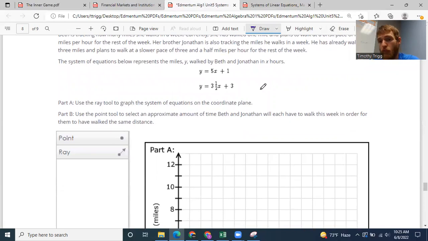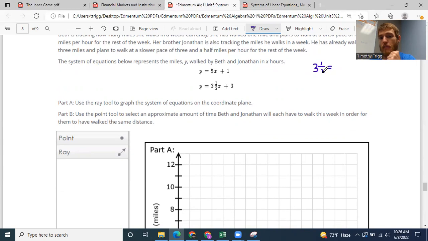So these two equations, fortunately, are already in slope-intercept form, y equals mx plus b, so they should be relatively easy to graph. However, notice Jonathan's equation has 3.5. I hate mixed numbers, so we're going to change this to an improper fraction. You take the whole number, multiply by 2, and then add the 1.